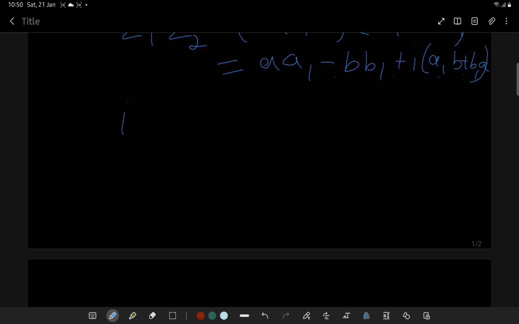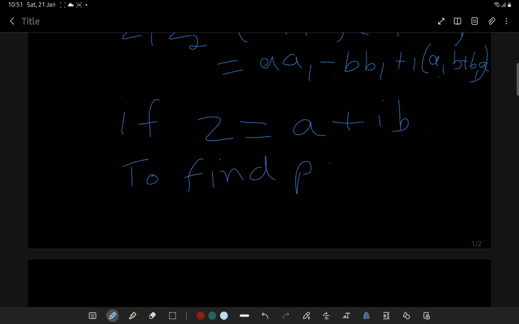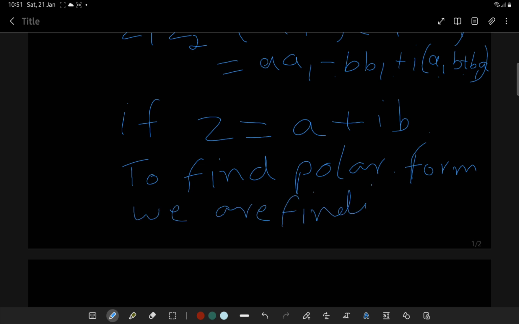Here, if z is equal to a plus ib, then to find the polar form, we are finding mod z, that is the magnitude of the complex number, and the angle theta. Let me explain angle theta later.